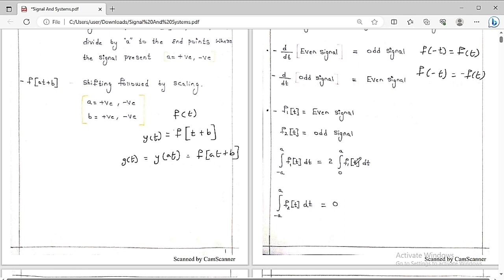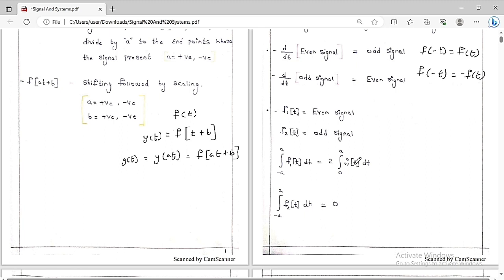Because the signal is an even signal, whatever the waveform from minus a to 0, the same will be the waveform from 0 to a. So instead of doing from minus a to a, I will go for 0 to a and then multiply by 2 in order to get the overall value.